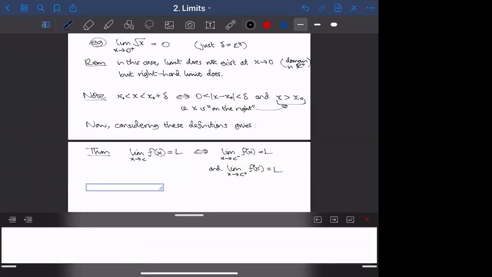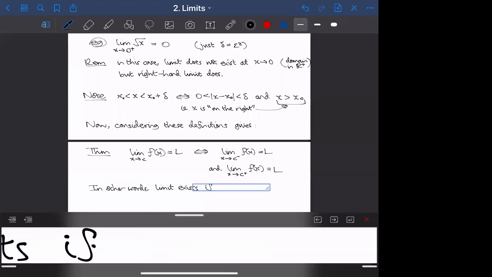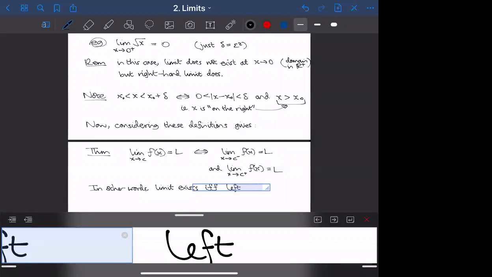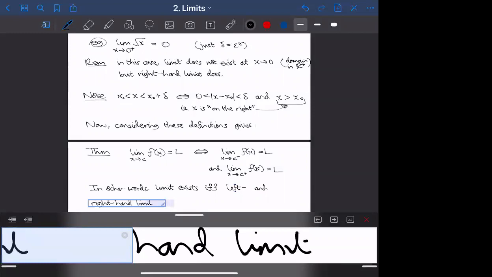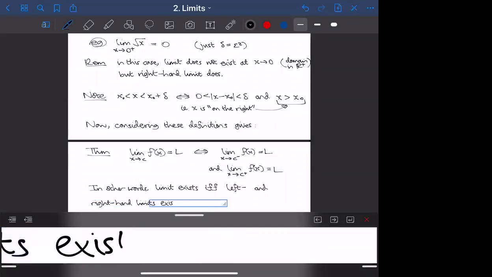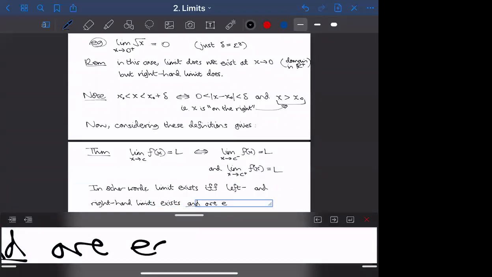So, in other words, the limit exists if and only if left and right-hand limits exist. And they are equal.